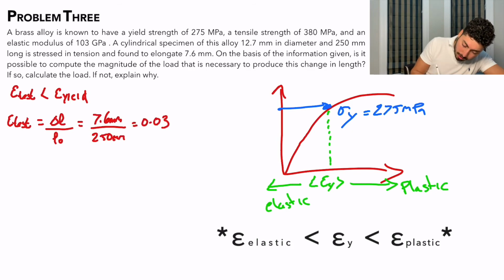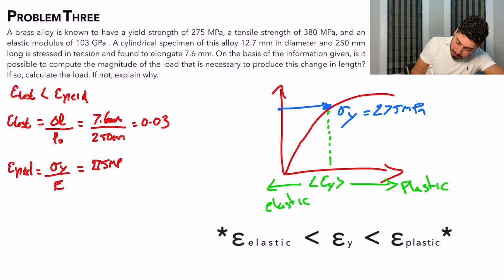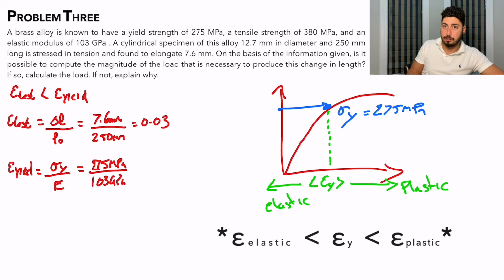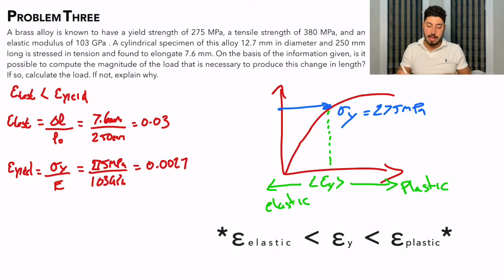So our strain at yielding is equal to our stress at yielding divided by our Young's modulus, which is equal to 275 megapascals divided by 103 gigapascals. Make sure you convert the units so that they're equal. That'll give you a value of approximately 0.0027.